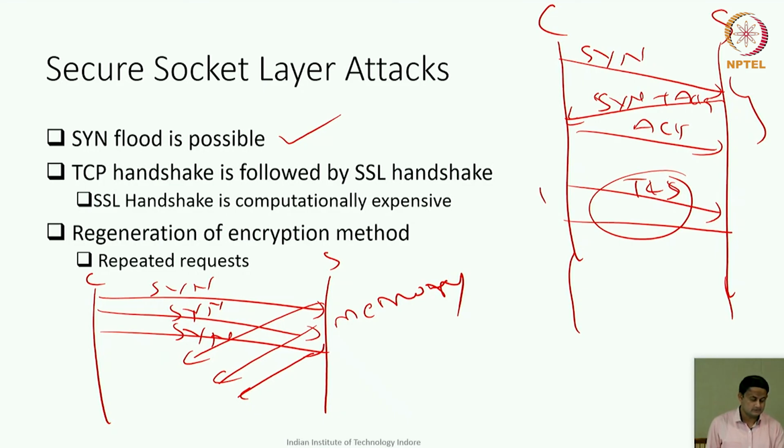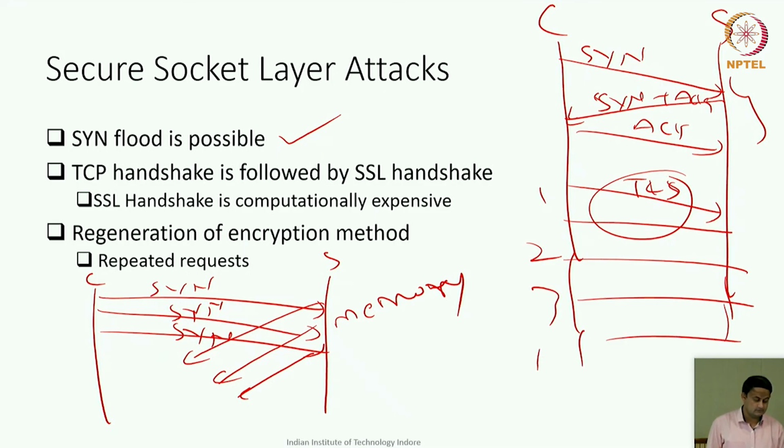Maybe one cipher suite at this phase of time, and again he says, no, I don't want to use that set of protocol, I am using the second set of algorithms, and the third set, and again I am switching back to the first set of algorithms and so forth. This repeated switching and deriving the session key, each time you switch, is quite a bit of work to do.